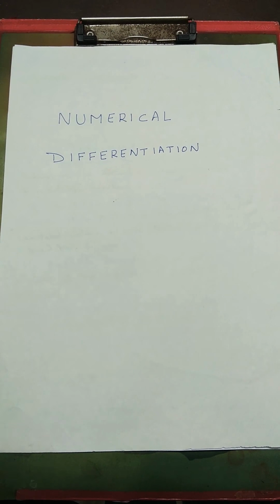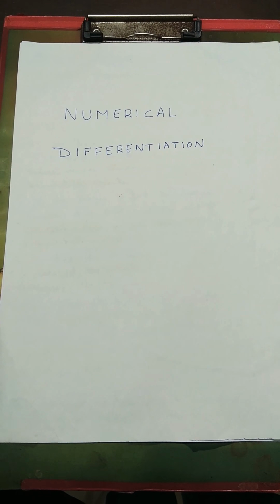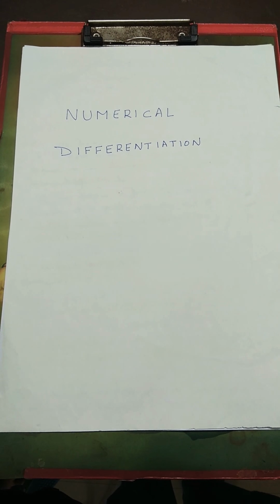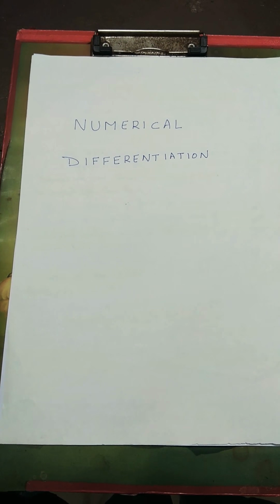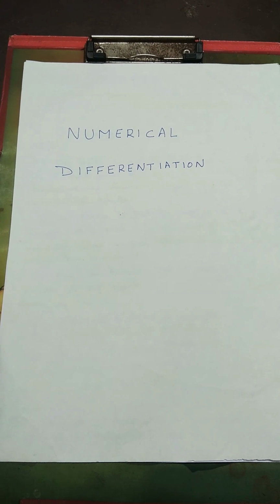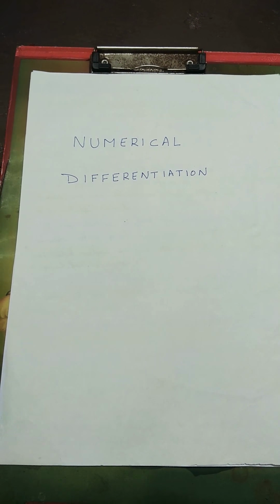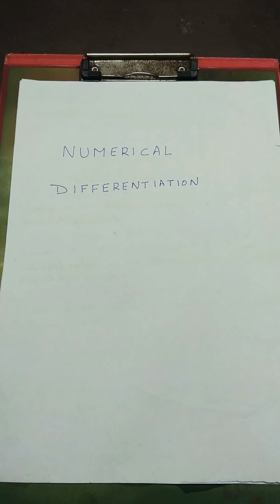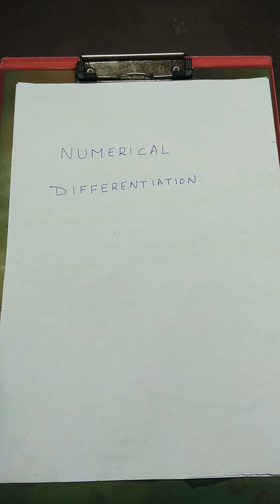For an unequally spaced interval, the following methods are discussed: Lagrange interpolation method, and second, Newton's divided difference formula. Now, using all of the above, in this lecture we will study numerical differentiation.